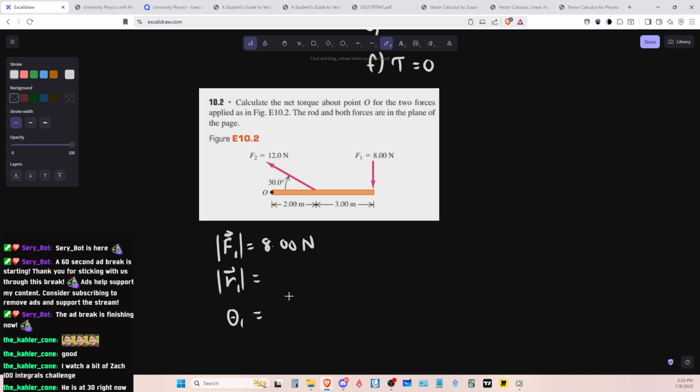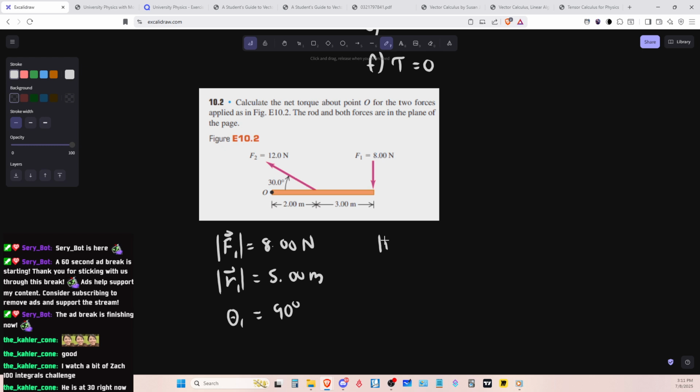So theta 1 is basically just 90 degrees. It's nearly orthogonal to it. The distance here is 5 meters. Okay.